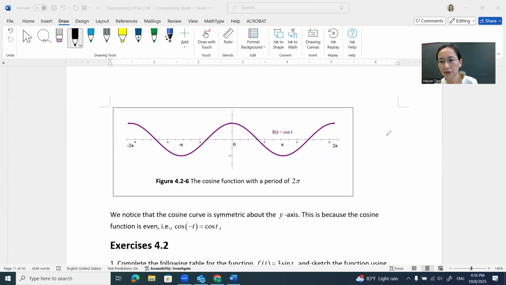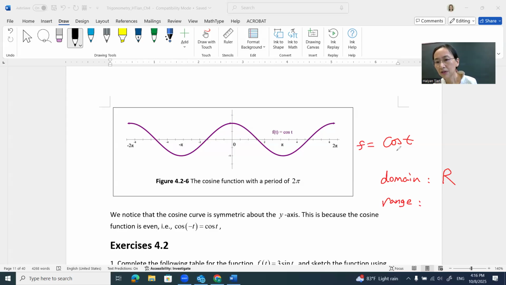And the range of cosine function, that means cosine t is the function. The t means, domain means all possible values of t will be all real numbers. And the range means possible function values, right? This is the function.